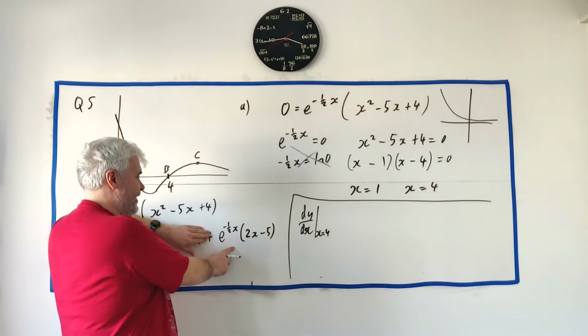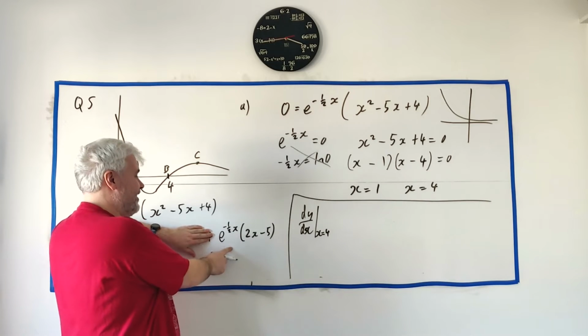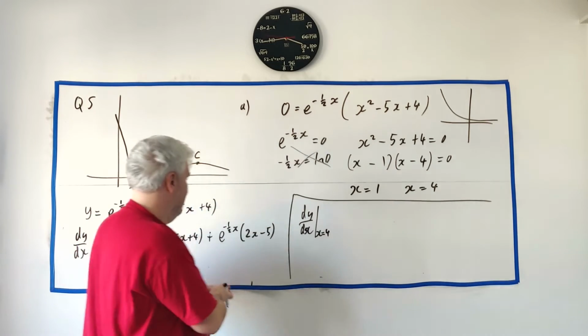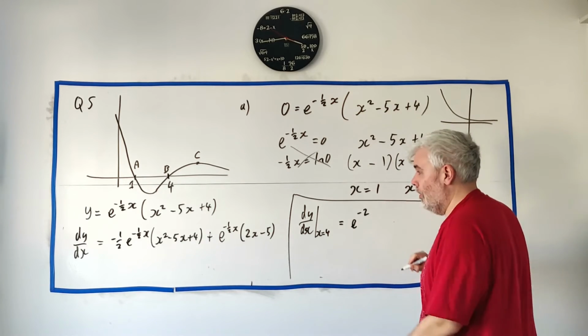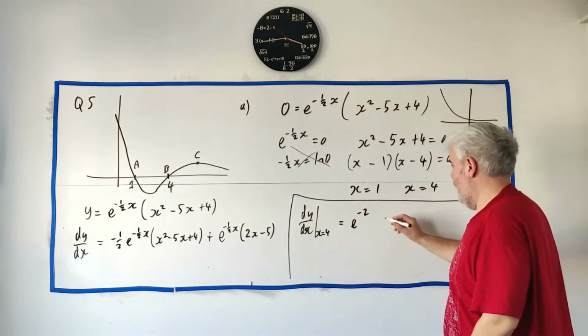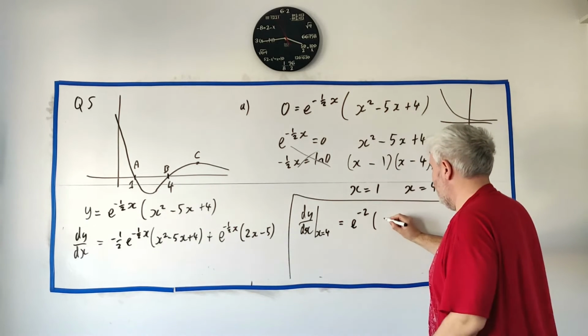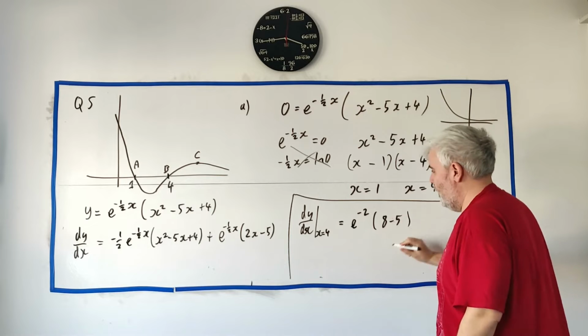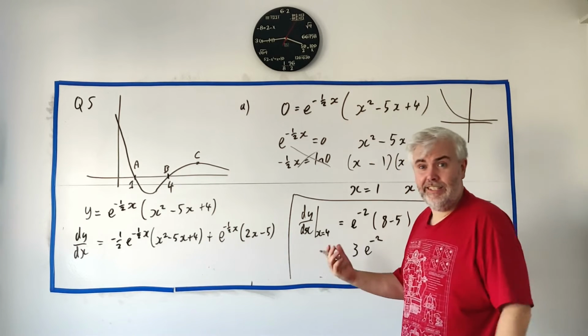We're just left with this, and we have to put 4 into that. So that equals e to the minus 2, 4 times a half, multiplied by 8 minus 5. Let's clean that up. 3e to the minus 2. And that's how they want the answer.